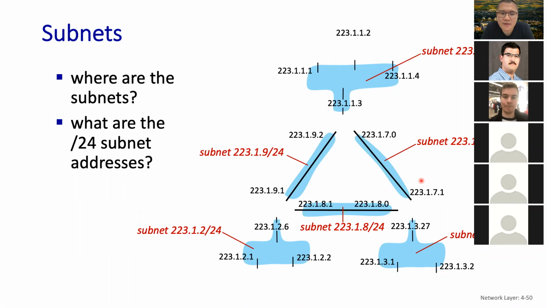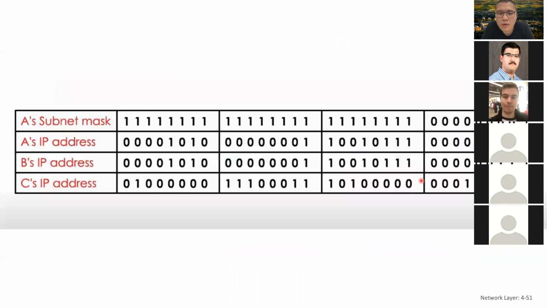Each subnet has different first 24 bits to indicate different subnets, and the last 8 bits to indicate the different host devices within the subnet. If you understand this concept, we can quickly see an example.